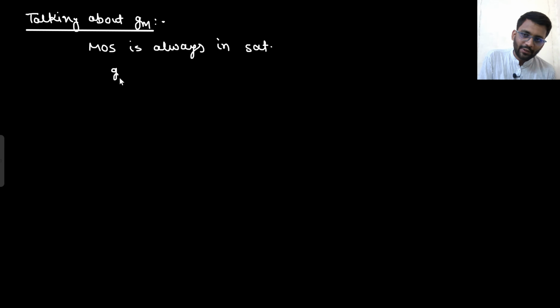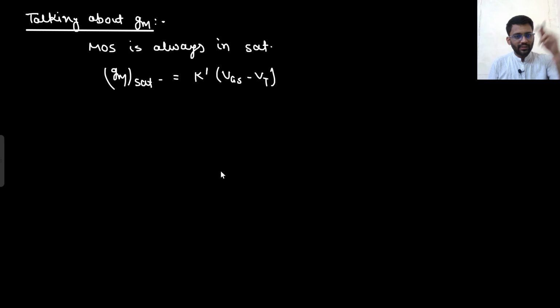So what is the Gm value for saturation? If you remember, previously we have studied it. Some constant, I can call it K dash, some constant into VGS minus VT, right? It will be mu n Cox W by L into VGS minus Vt. This is the expression.